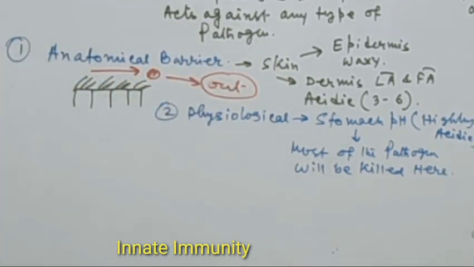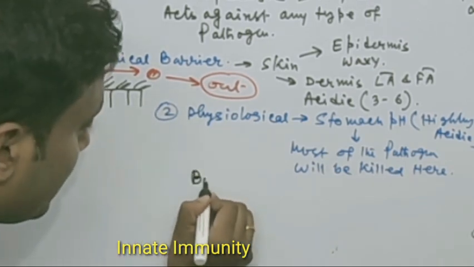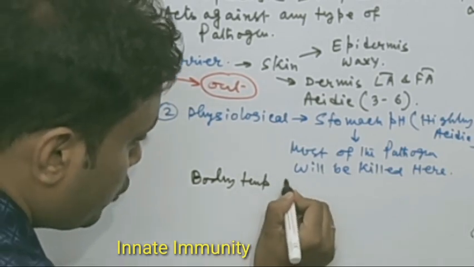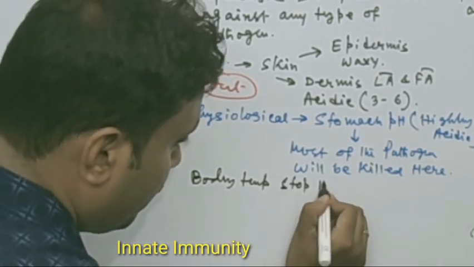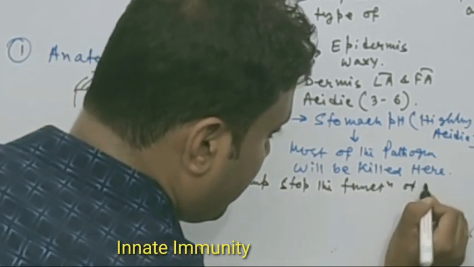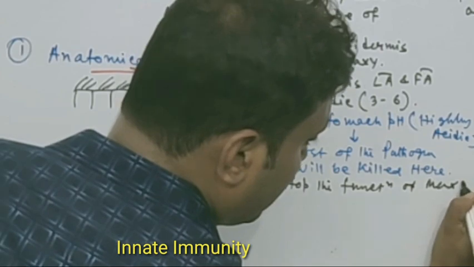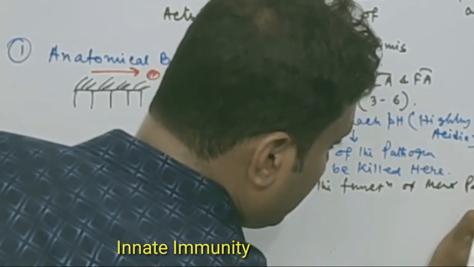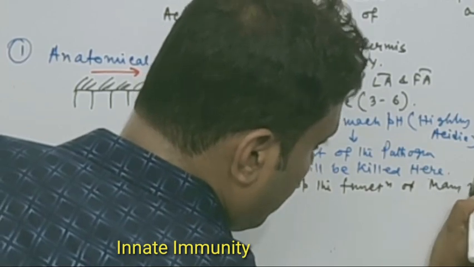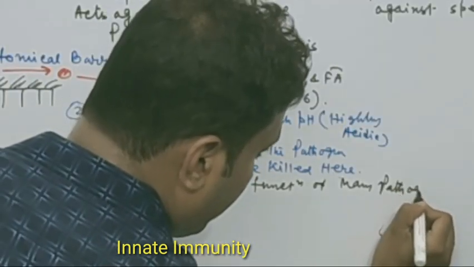This is called the physiological barrier. Apart from this, our body temperature stops the function of many pathogens.